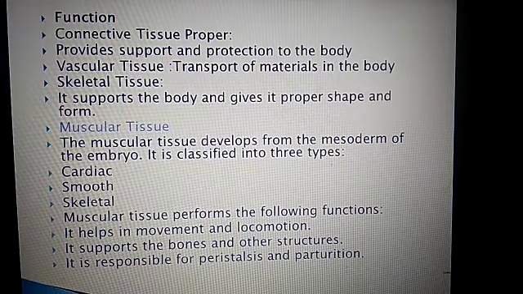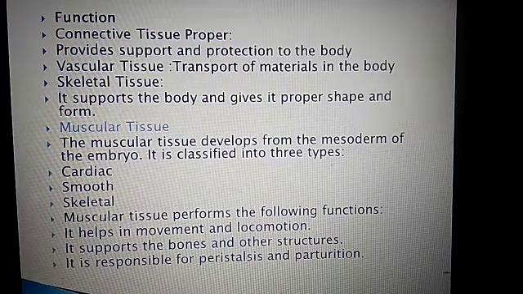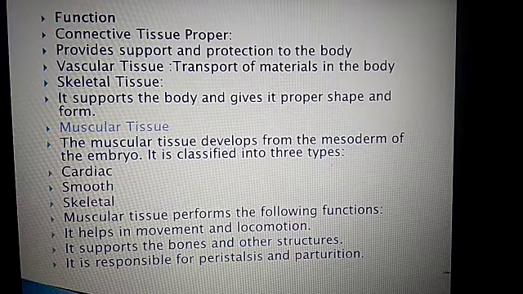Striated muscles, named why? Because they have dark and light bands called striations. These striated muscles are attached to the skeleton and are also called skeletal muscles. They are cylindrical and the nuclei are placed along the outer edge.